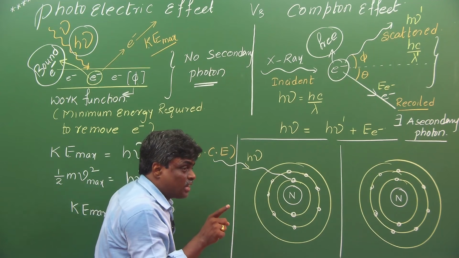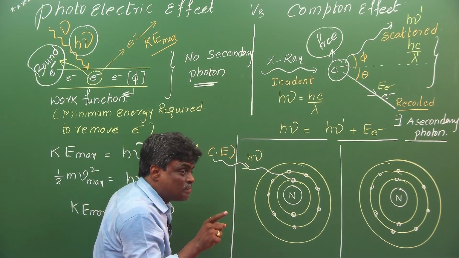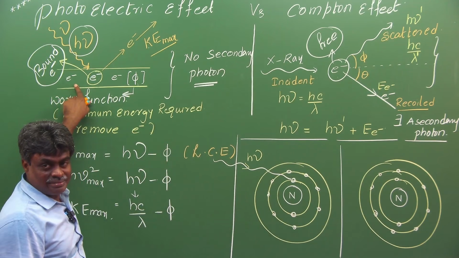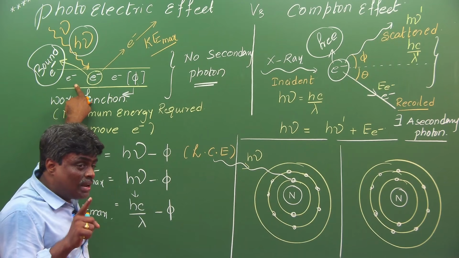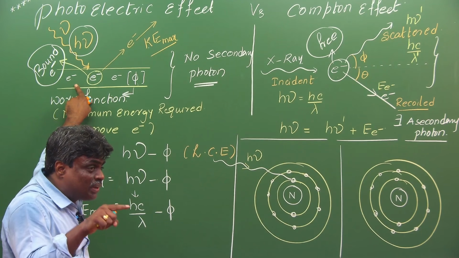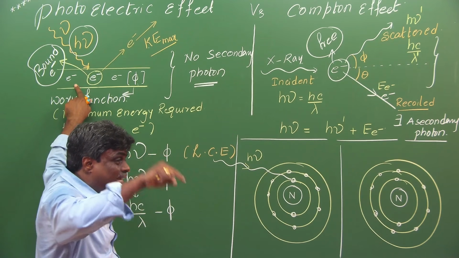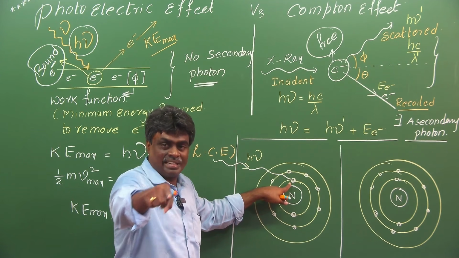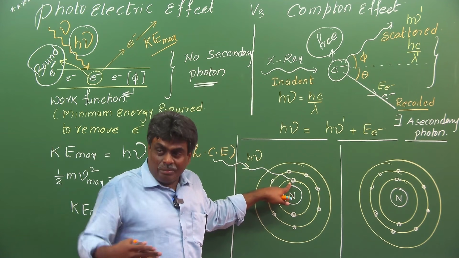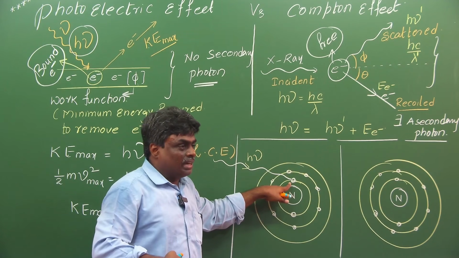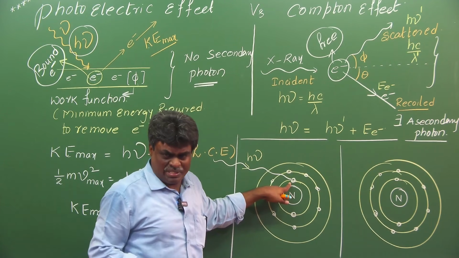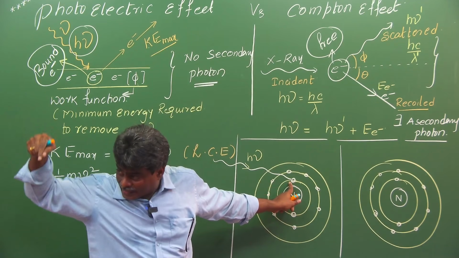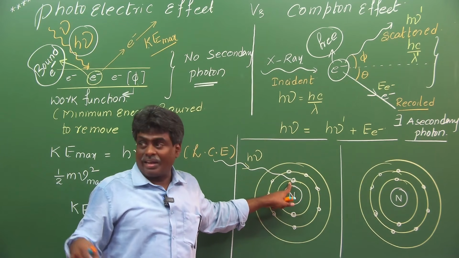Is every innermost electron tightly bound or loosely bound? Tightly bound. That's why it is a bound electron. The photoelectric effect is observed when the incident photon is interacting with it. The innermost electron is tightly bound to the nucleus, or tightly bound to the system. Here the word bound electron means a tightly bound or innermost electron.